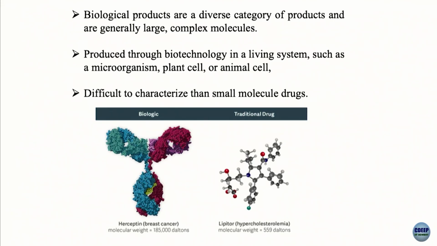So, why are they difficult, right? Look at the size of a biological product versus a small molecule drug. A traditional small molecule drug typically has a molecular weight of around 600 Dalton, right.